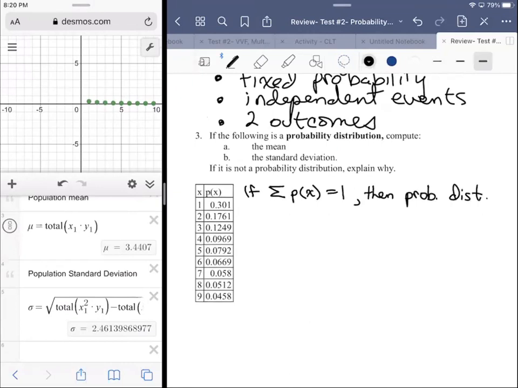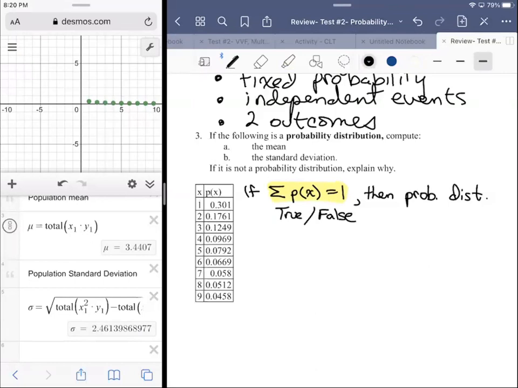The hardest part of this problem was typing in data, but I don't know if it was necessary to make that determination in terms of the mean and standard deviation. So I've got to test this out. Is it true or is it false?